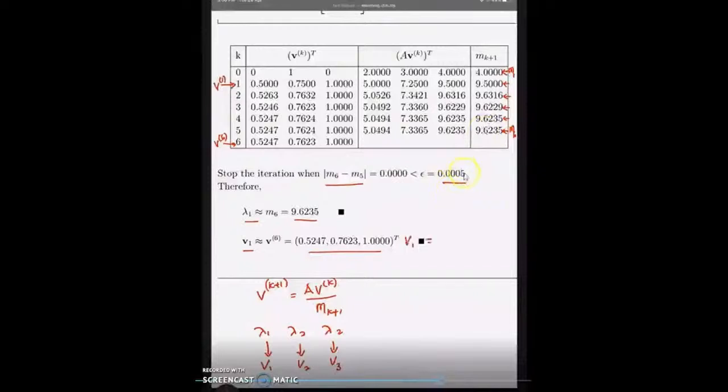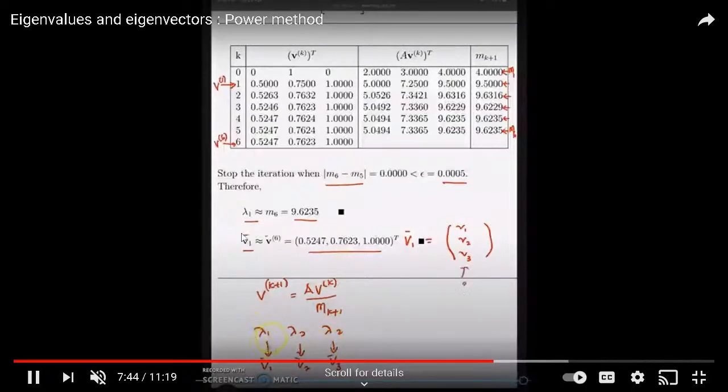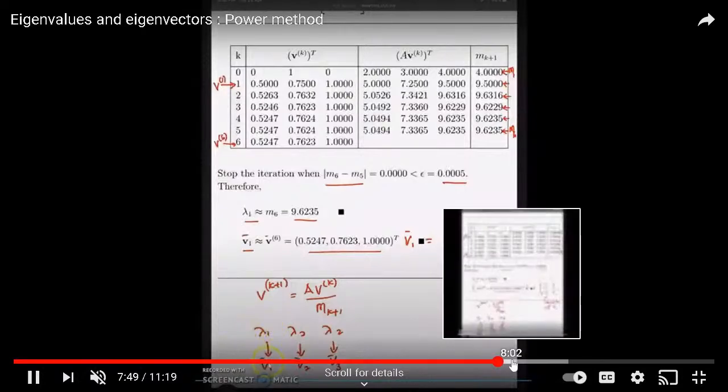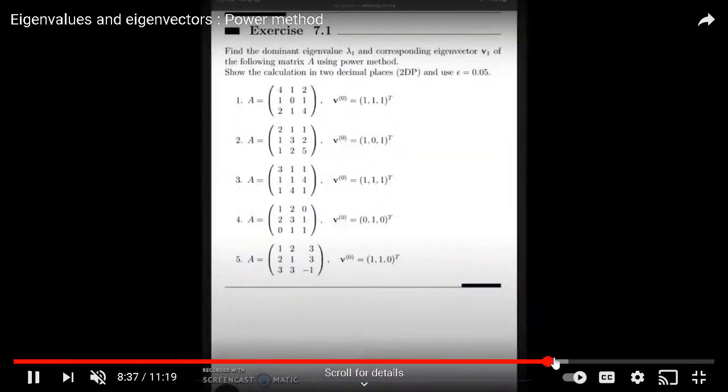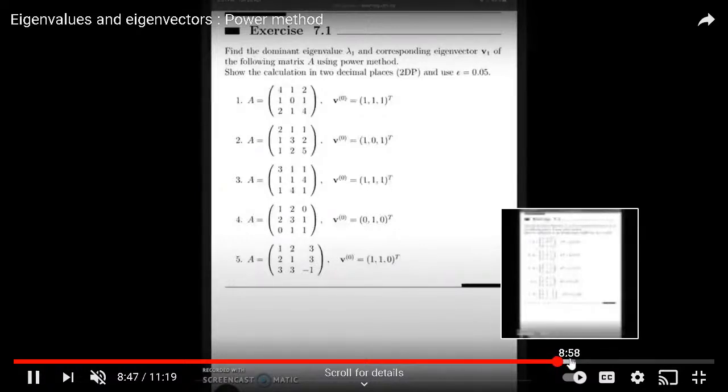In this case, we suggest you use shifted power method to find the minimum eigenvalue. Just now was the maximum, and we also have the maximum eigenvectors. But now the question is how to find lambda 3, which is associated with the eigenvector V3. In this case, we need to apply shifted power method.